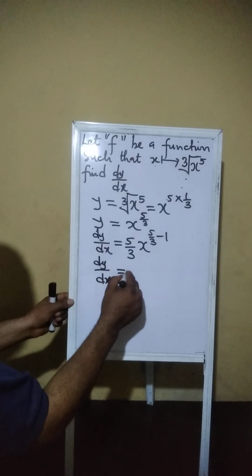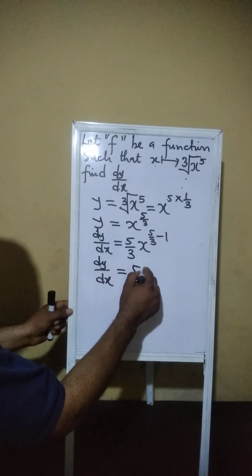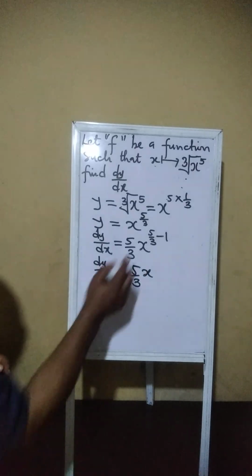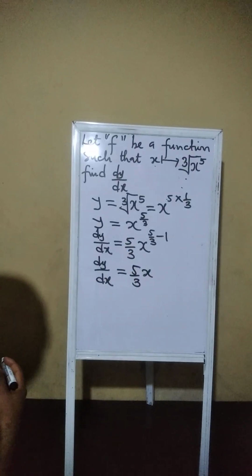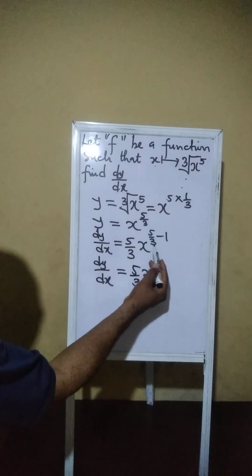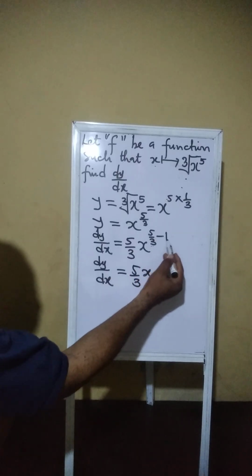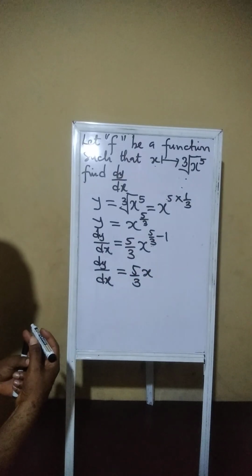So if you continue, dy all over dx is now equal to 5 over 3, x. Now what do we do to the power? You take the LCM. But the best way to do it at ease is just use this 3 down to multiply this one. So 3 times 1 will give us 3.